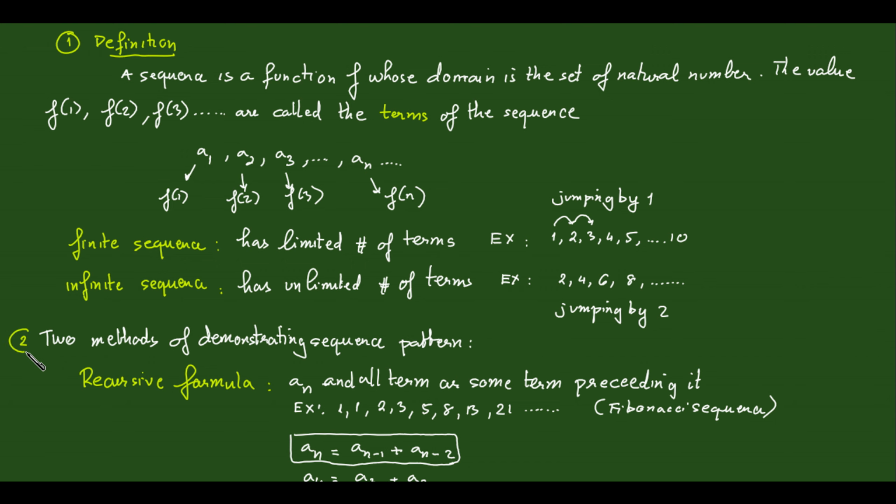So this is the second part right here, and I should write it in yellow: two methods of demonstrating sequence pattern.